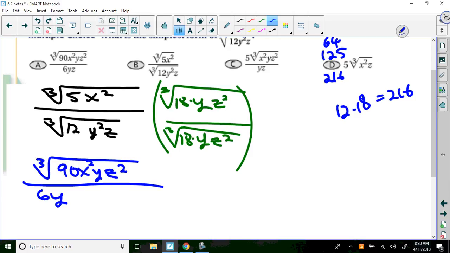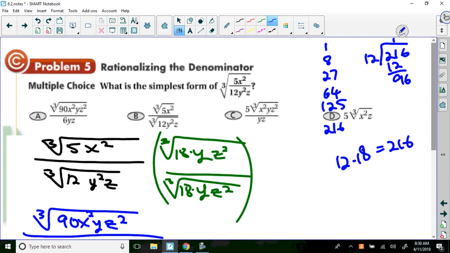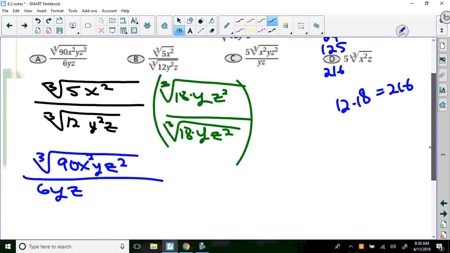And we're also going to have a cube root of z cubed, which is z. Now, before we go ahead and say that the answer is A, we got to think to ourselves, does 90 break down any further? Does 90 have any perfect cube factors in it bigger than 1? 8 doesn't go into 90, does it? No. 27 doesn't. So that's all the further we can go with this.